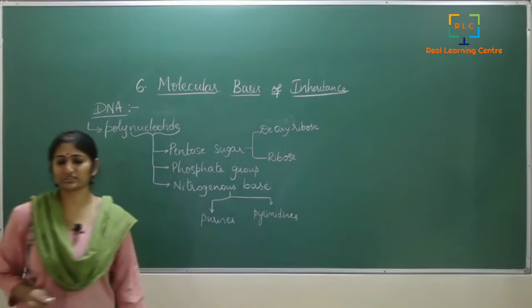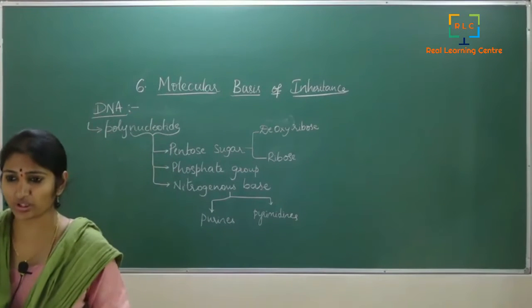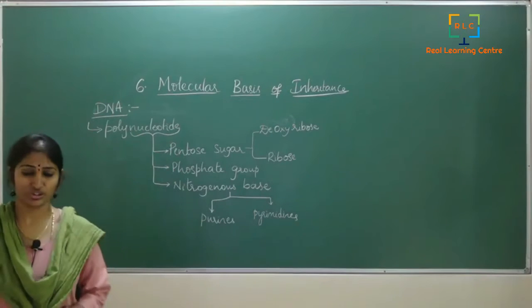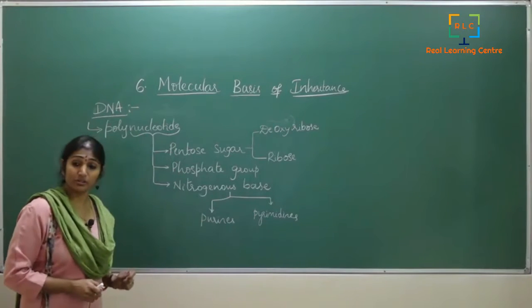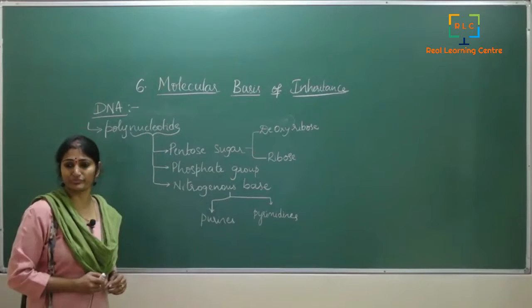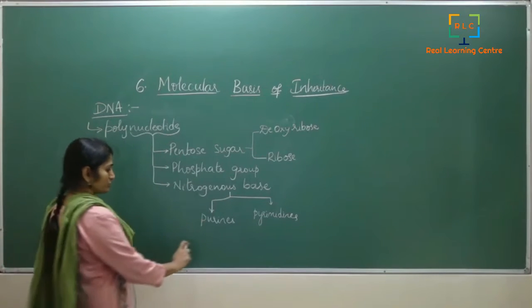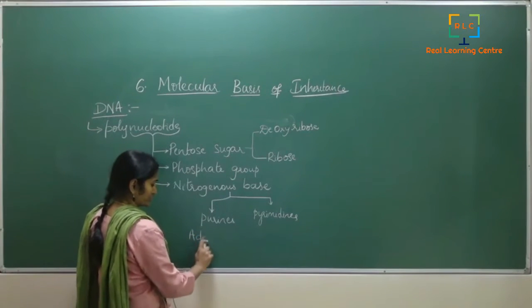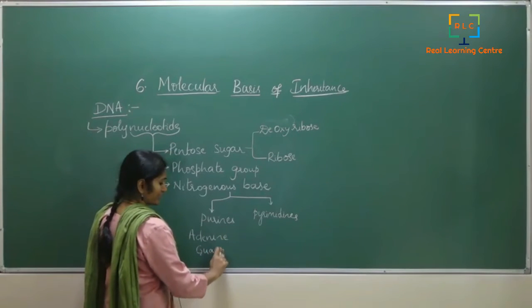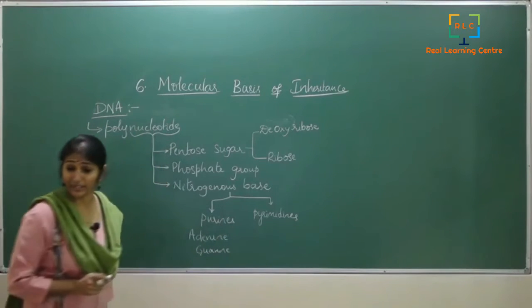So there are two types of nitrogenous bases, purines and pyrimidines. Please remember that we have two types of purines and three types of pyrimidines. The two purines are adenine and guanine.